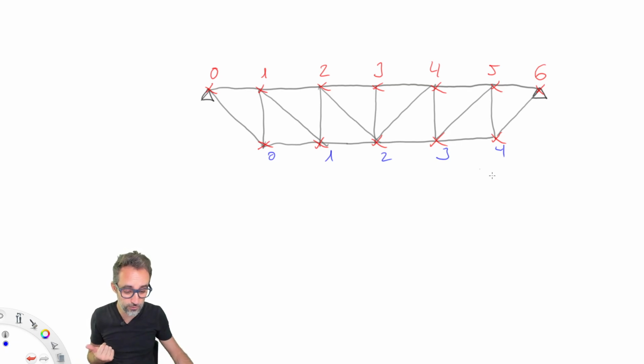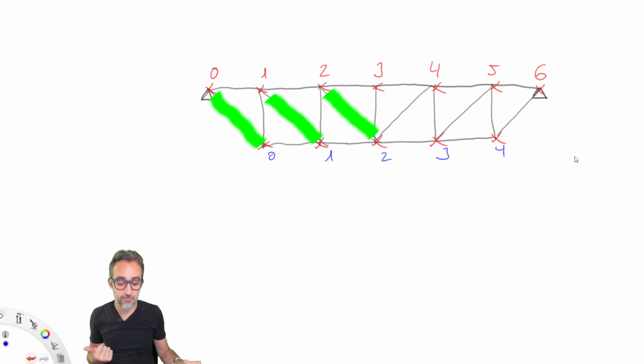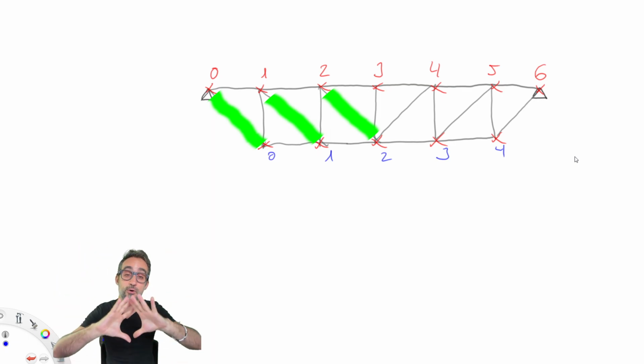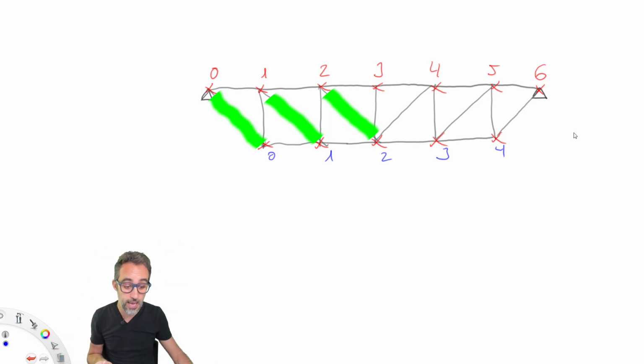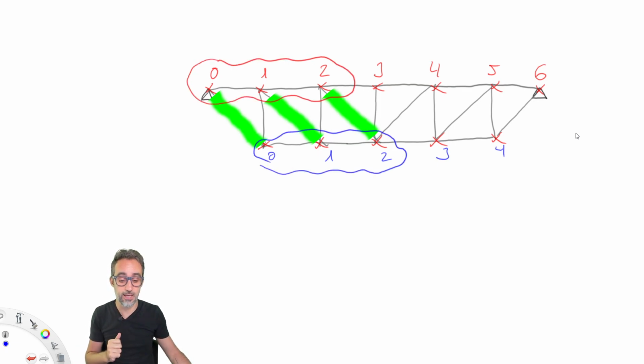And you probably see where I'm going with this. If I want to take the diagonals that are on the left, from all the lists of all the points that I have in my truss, I would need to do some list manipulation so that I isolate the first three nodes on all the top nodes, and then the first three on the bottom.